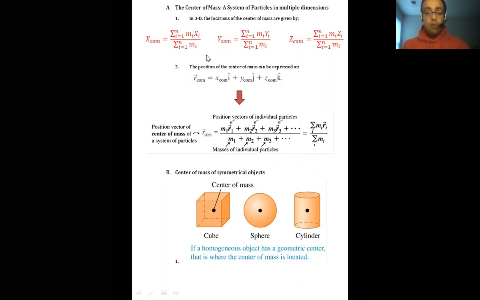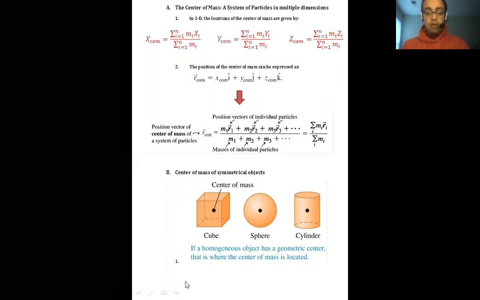The y-coordinate is given by doing the same calculation, but concerning yourself with just the y-coordinates of each of the individual objects. And as you might imagine, the z-coordinate of the center of mass is given by this same sort of calculation, where you have a sum of the mass times the position in z of however many particles you have over the total sum of the masses of those particles.